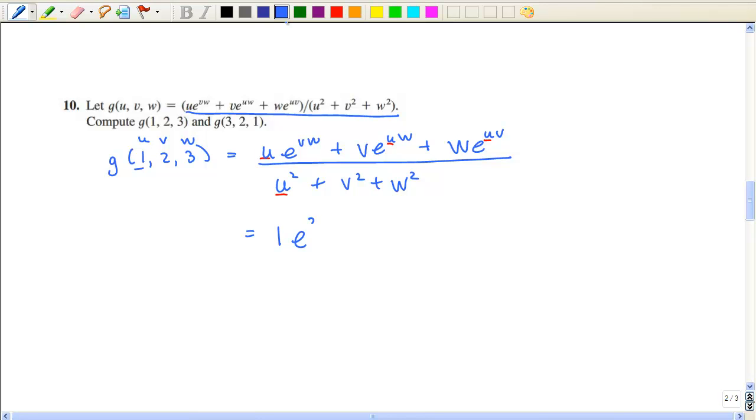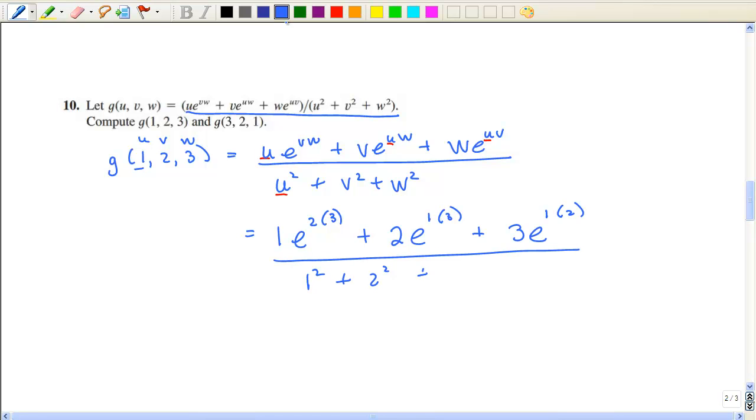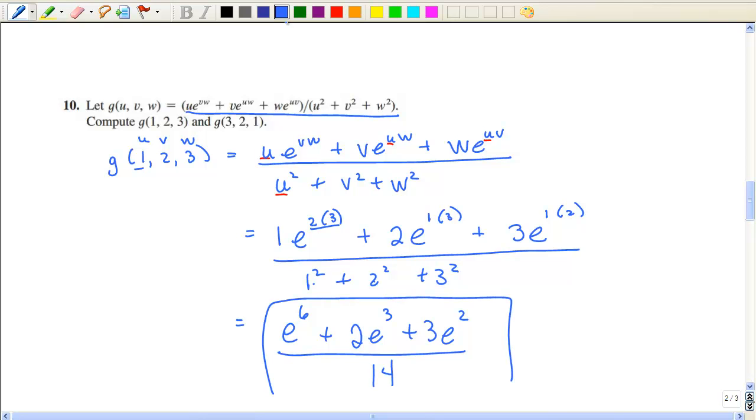Then v is 2, w is 3. So it looks really weird, but it's very easy. Remember, we can multiply those exponents. And let's see, that's going to be 1 plus 4 is 5 plus 9 is 14. All right, again, just practice on evaluating those functions. It looks weird, very easy.